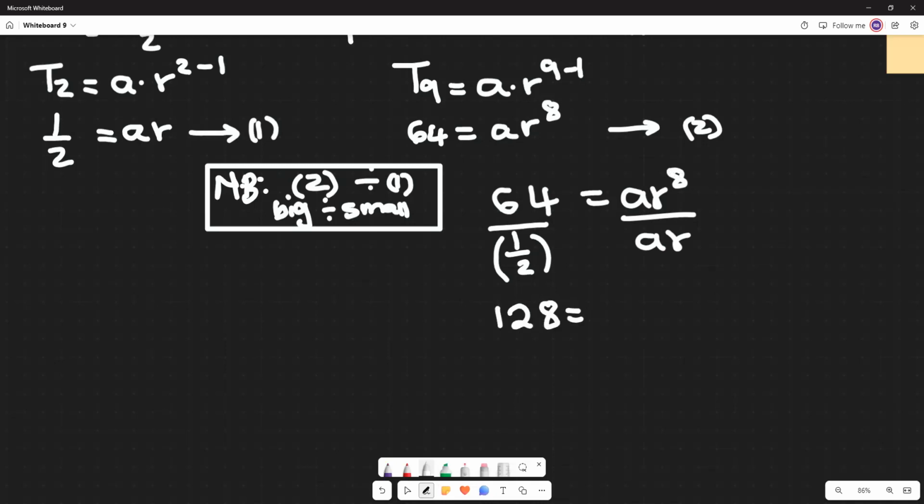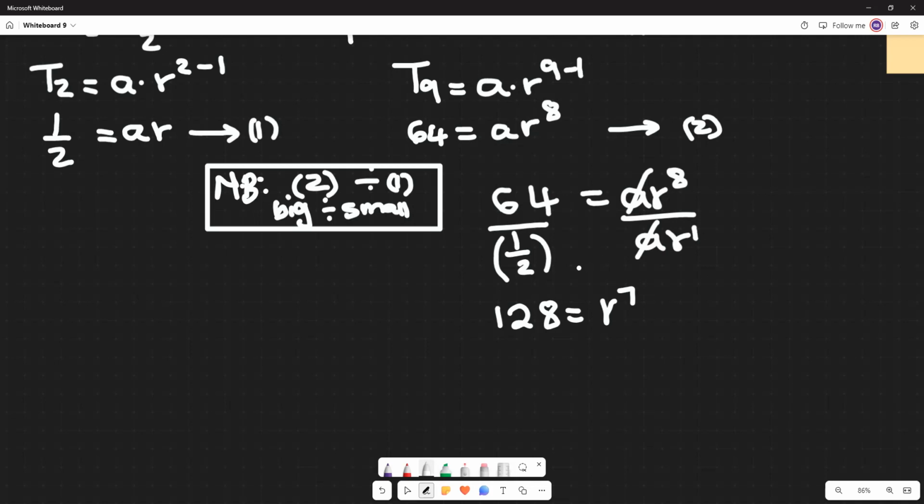The A cancels the A, and R to the power 8 on top over R to the power 1 at the bottom results in R to the power 7, using laws of exponents. When dividing the same bases, you subtract the exponents. So 8 minus 1 is 7.